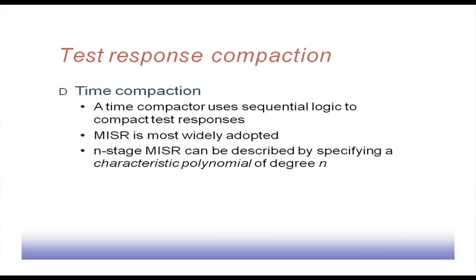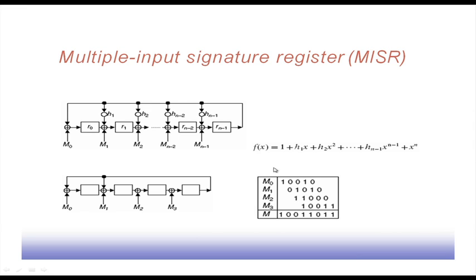Whatever remains in the MISR after running for some number of cycles is basically the result of a division operation, that is, the remainder of that input stream getting divided by the polynomial. That will come as the signature. Any n stage MISR can be described by specifying a characteristic polynomial of degree n. This we have already seen in the BIST chapter.